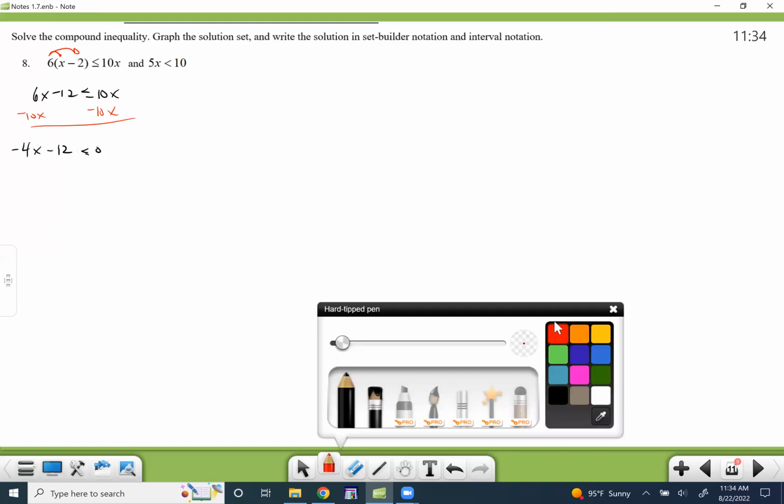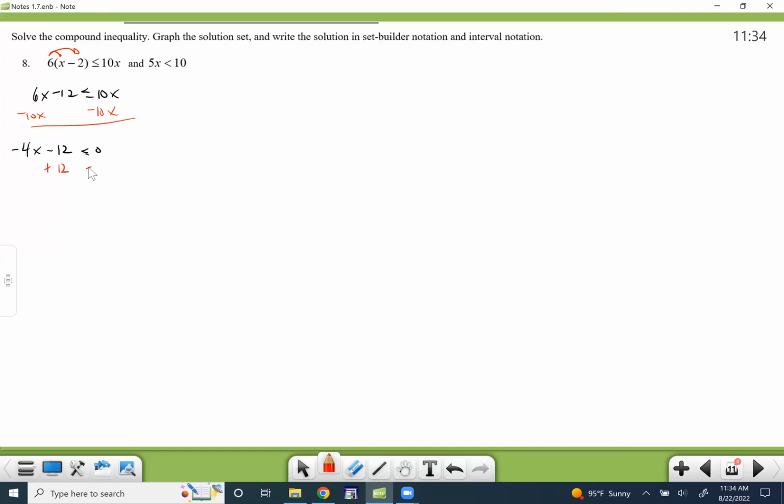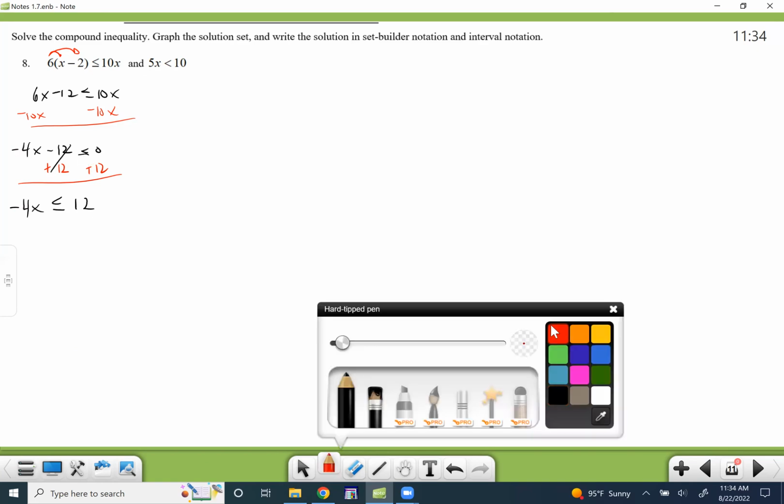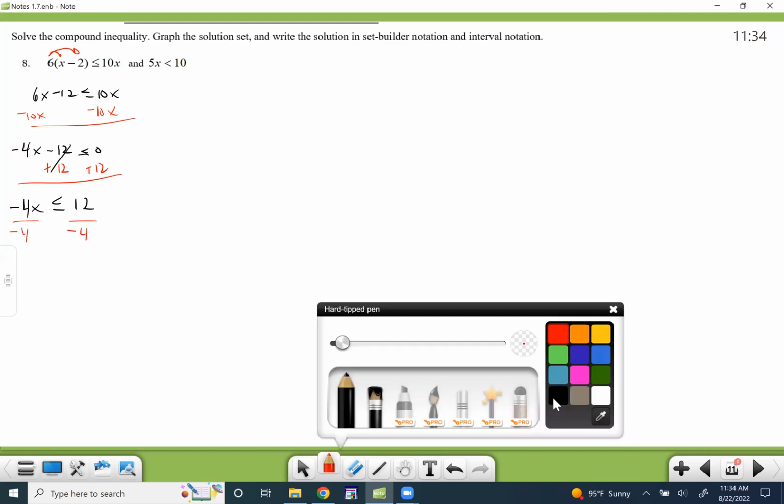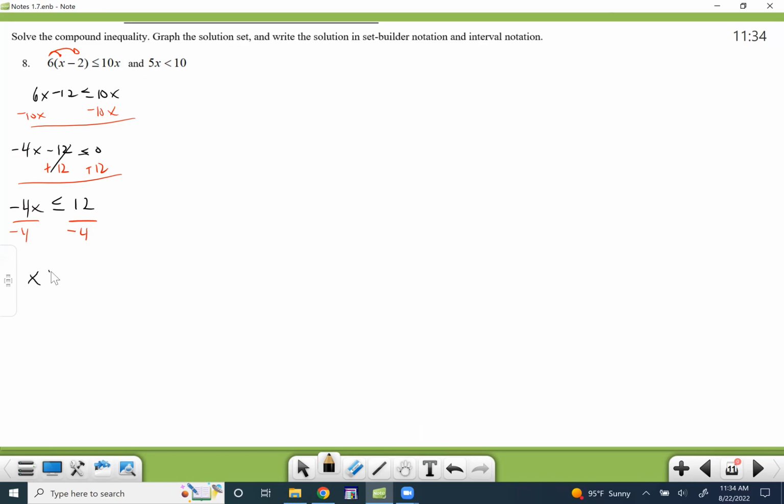And then add 12. I found students like to have the variable on the left. It was almost 50-50, but more people like the variable on the left. So I'm going to go with that. We divided by negative. Don't forget to flip the sign, guys.